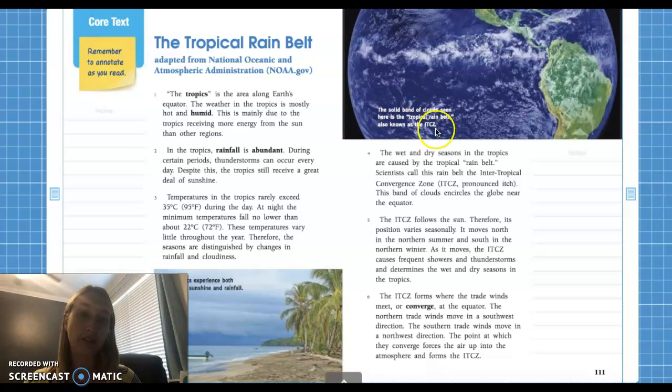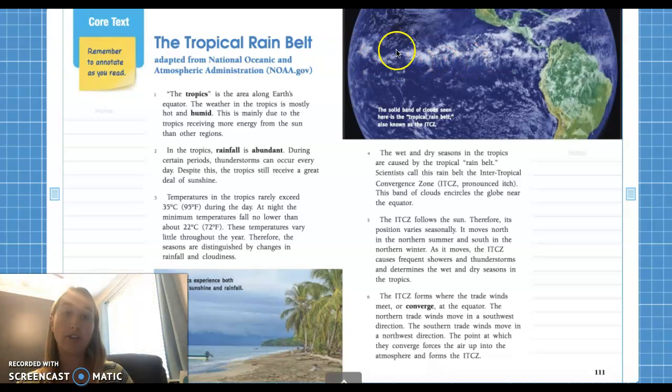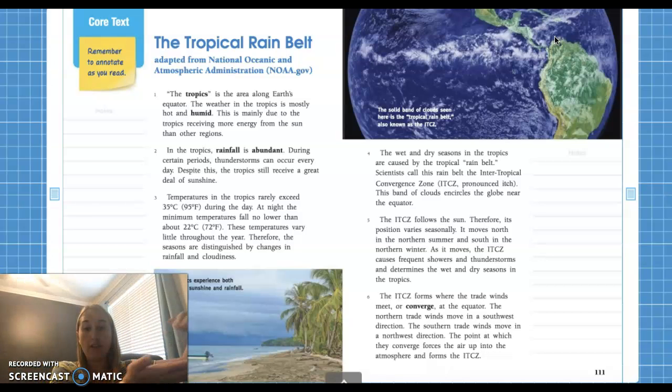In this picture here, right? Picture of Earth from space. The solid band of clouds seen here is the tropical rain belt, also known as the ITCZ, okay? So all those clouds right there, those are those trade winds meeting at the equator, right? Making that tropical rain belt all around the earth, okay? All along the equator.